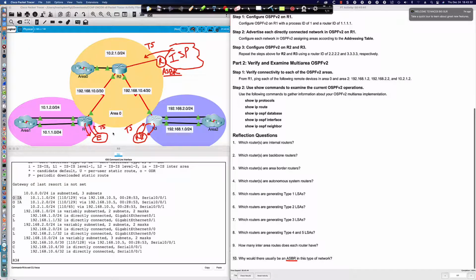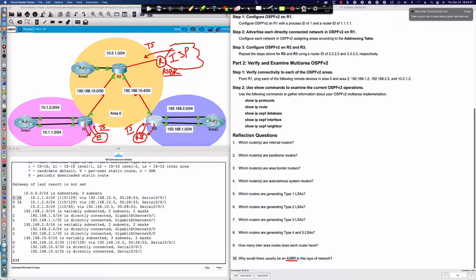And so they could also be considered area border routers, depending on how we're doing the configuration here. But type 5 LSAs, that is the external routing information.